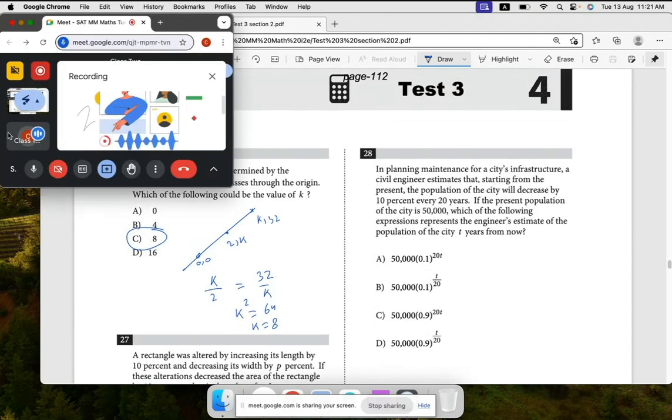Try question number 28 and give me a second. Okay, so. Is there?